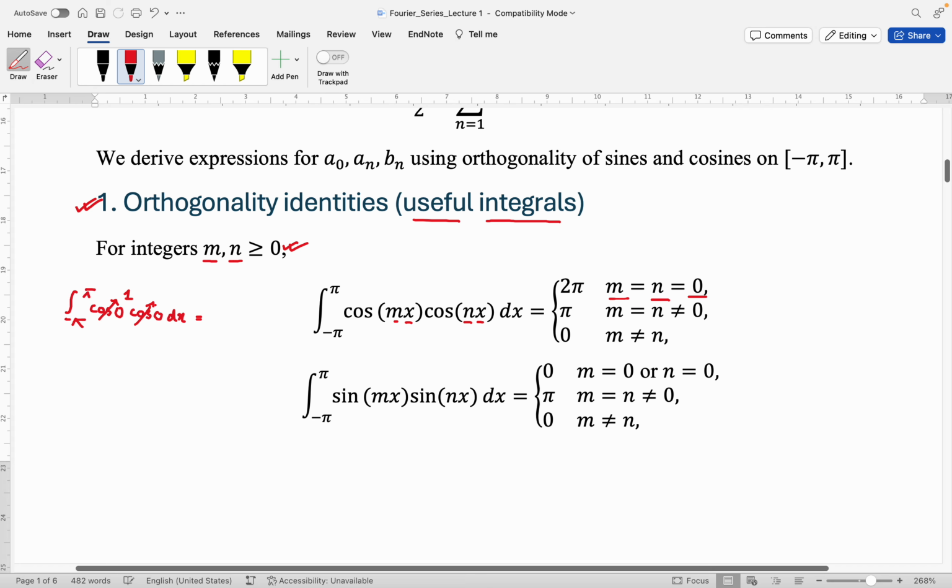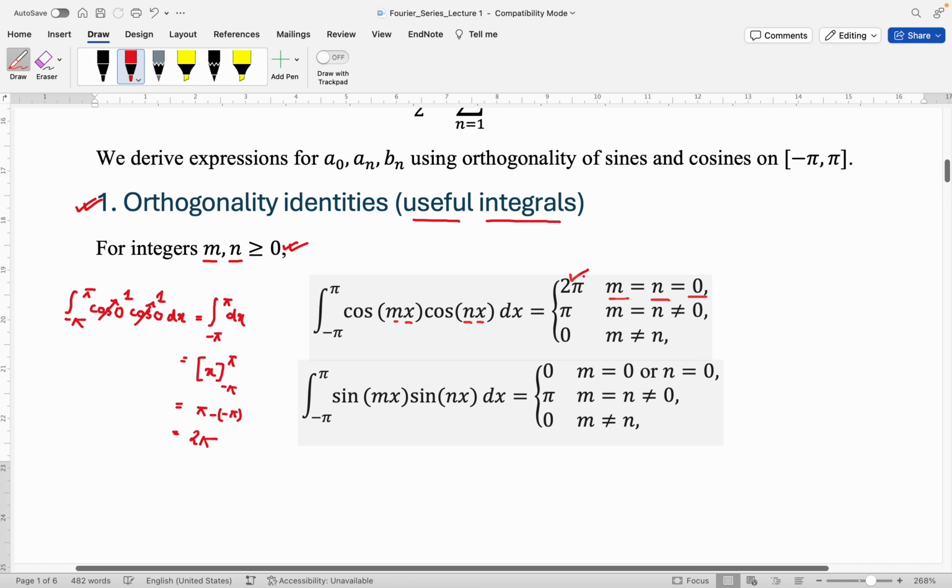So I am just integrating minus pi to plus pi dx. If I integrate dx, I get x, with limits minus pi to plus pi. Upper limit pi minus lower limit minus pi, so it is pi plus pi, which is 2 pi. So this is the result that we have here.